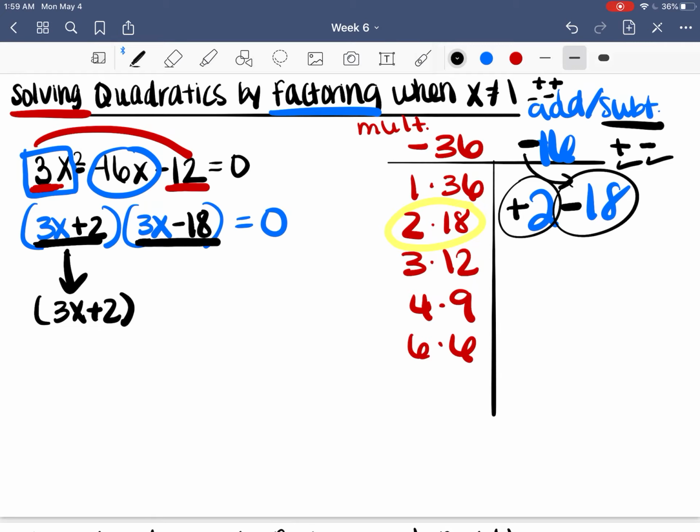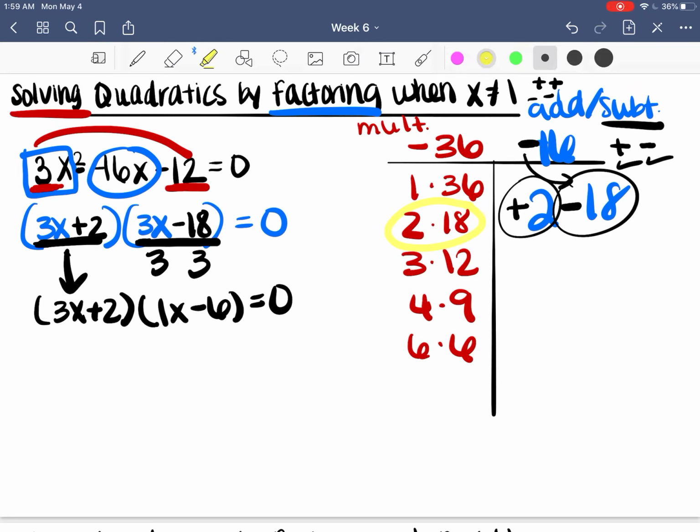Can I divide both 3 and 18 by something? Or take a number away from both? Yes, I can divide 3 out. What is 3 divided by 3? 1. And 18 divided by 3 is a 6. So these are my two parentheses.